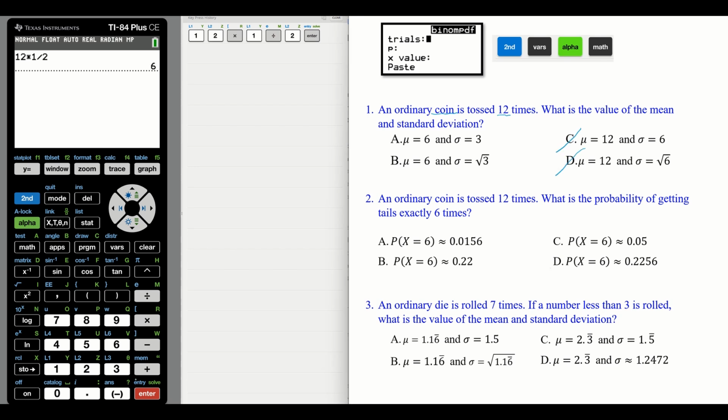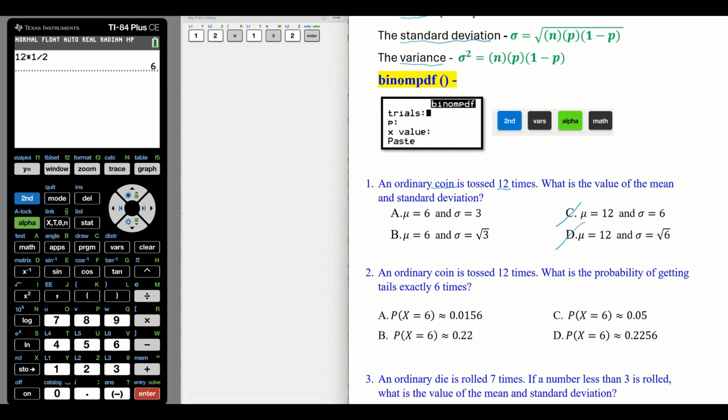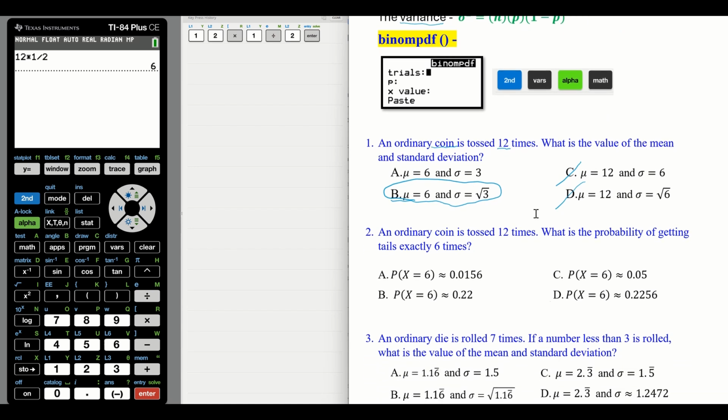This eliminates 2 of our choices. Okay, so we know we're between these two. If we go back up and look at what the standard deviation formula looks like, that's underneath the square root. So naturally, this is going to tell us B is our option, but we can go ahead and check this fact. Okay, so we have under our radical 12 times 1 divided by 2.